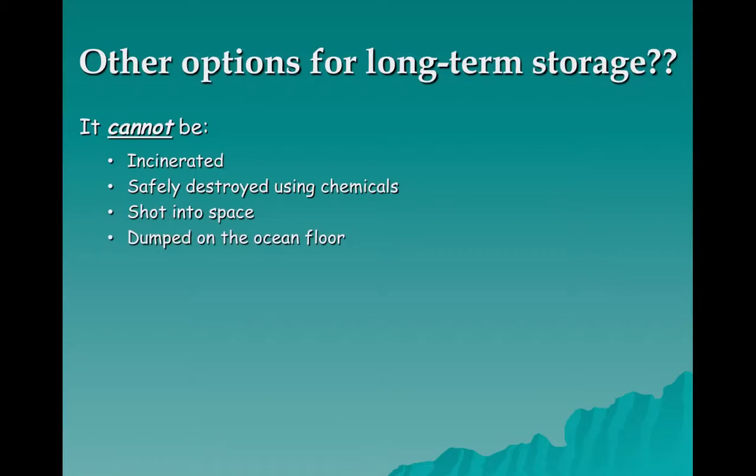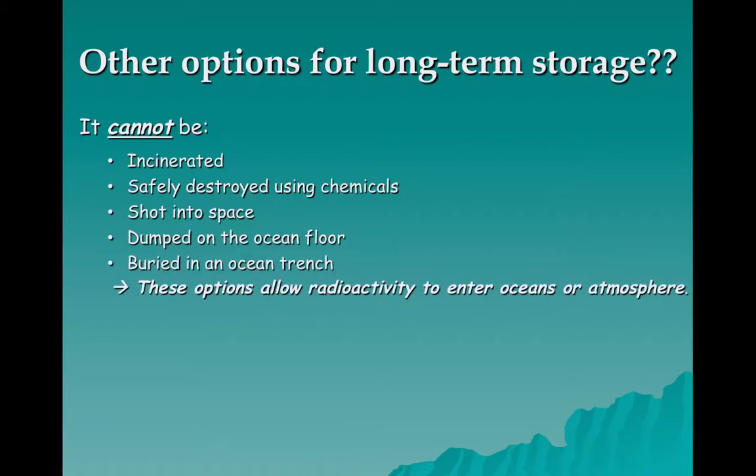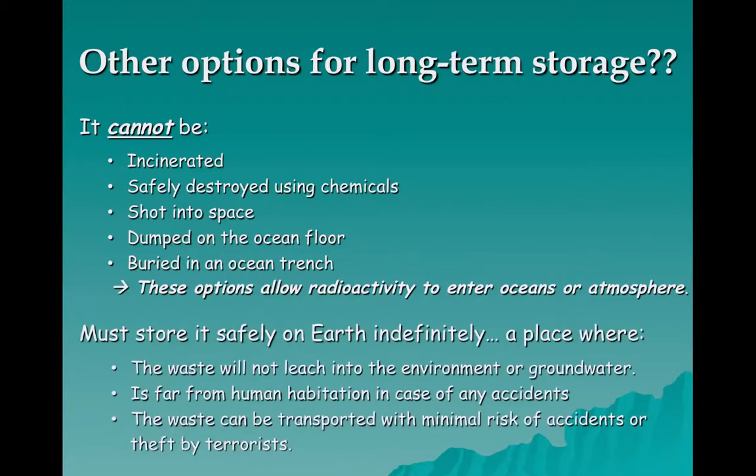It's like you want to know where your enemies are. In this case, you don't want it to go somewhere where you can't really control it. And same with burying it in an ocean trench. So these options would really enable radioactivity to enter into our oceans or the atmosphere, and that's the absolute worst case scenario for us.